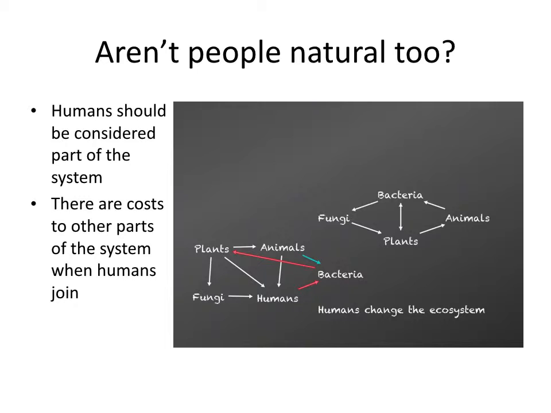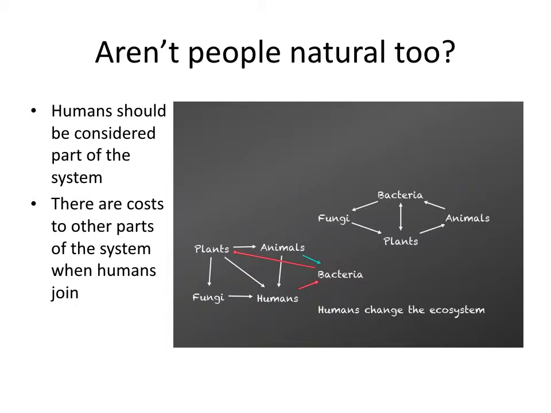So what about people? Should we consider ourselves as being part of the surrounding ecosystem or independent of it? Traditionally, humans have tended to view ourselves as being distinct from nature. We talk about natural systems versus man-made systems or human-managed systems.